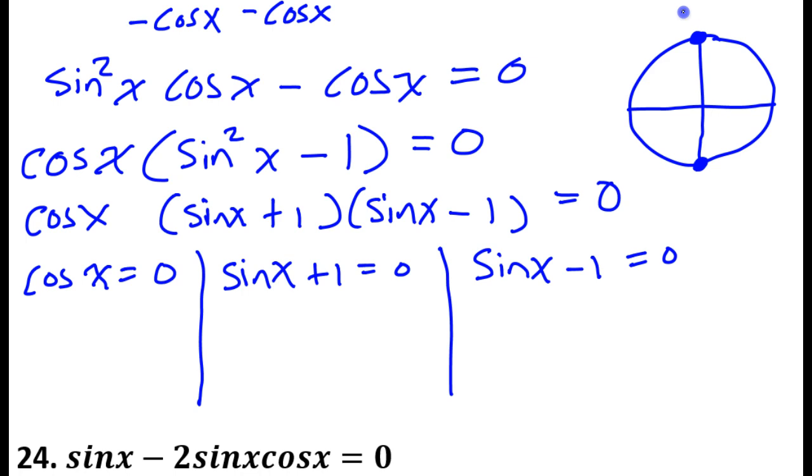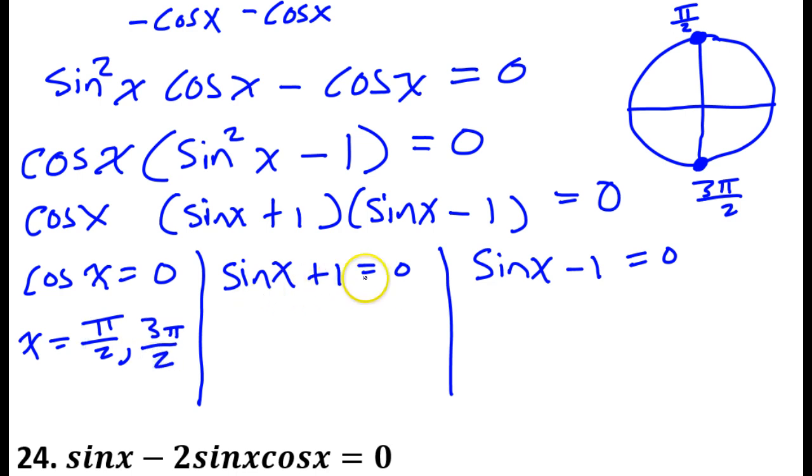So this is going to be pi over 2 up there, and 3 pi over 2 down here. So I have two solutions to this right here. So far I have x is equal to pi over 2 and 3 pi over 2.